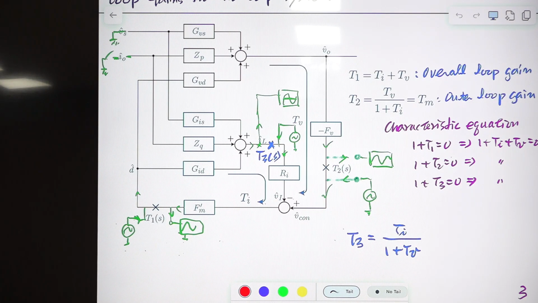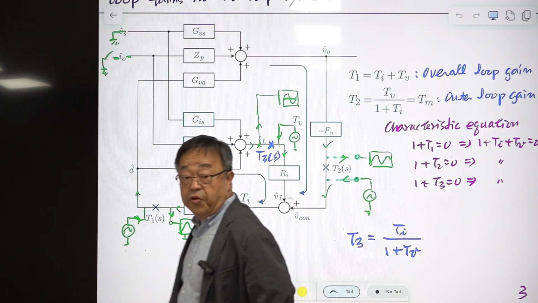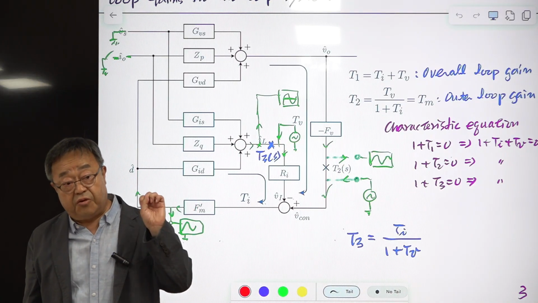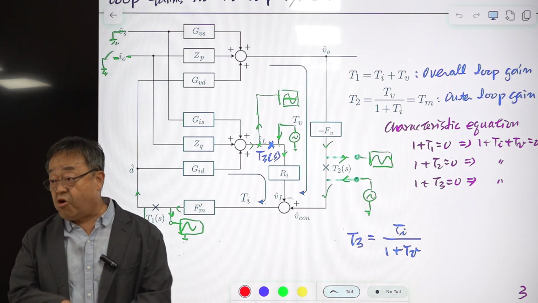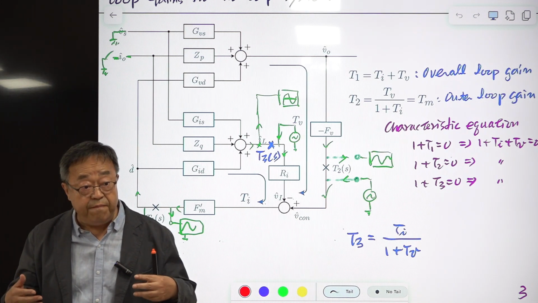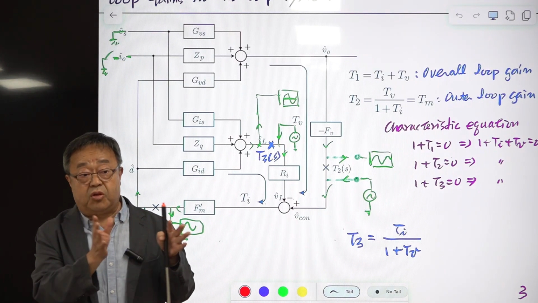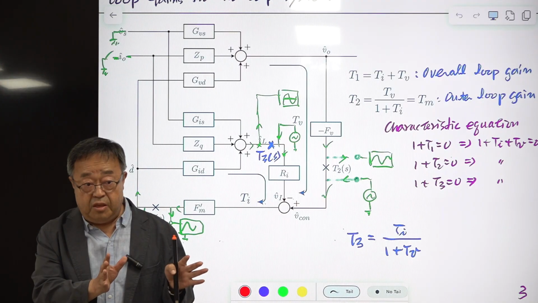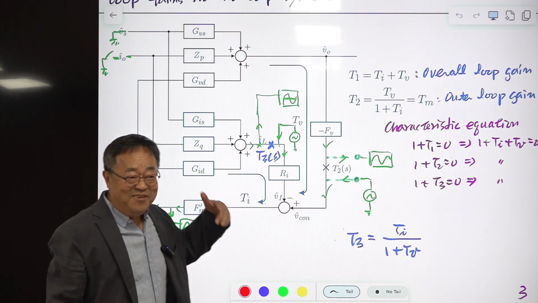So for this loop gain, phase margin is different, gain margin is different, crossover frequency is different, the shape of the magnitude and the shape of the phase curve are different. It has different implications, and we can make use of each loop gain for different purposes. So comparing this and this does not make much sense.